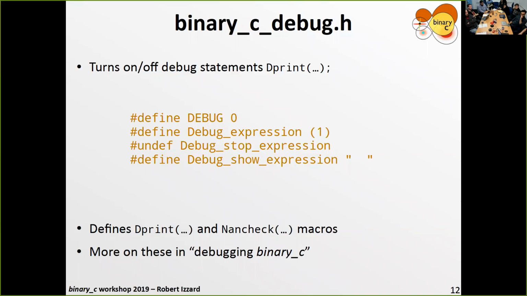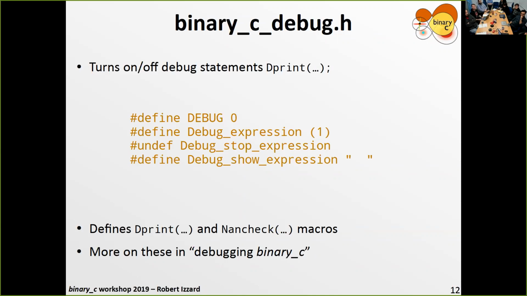And you'll have all these many statements. Now, often there are more than you want. So you can also define an expression called debug expression. Here it's just 1, which means true, so it will always happen. But you can always set in there that if the time is greater than 1,000 and less than, I don't know, 2,000, that's when you have to debug. You can also define a stop expression. If that's ever true, then the code stops and just exits.